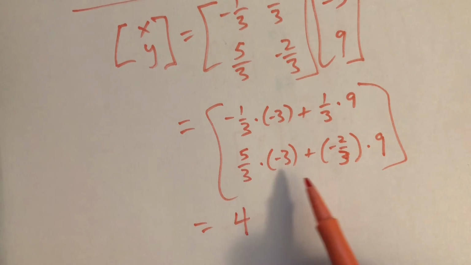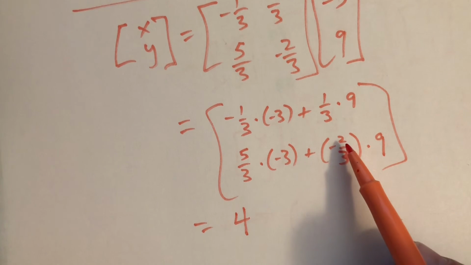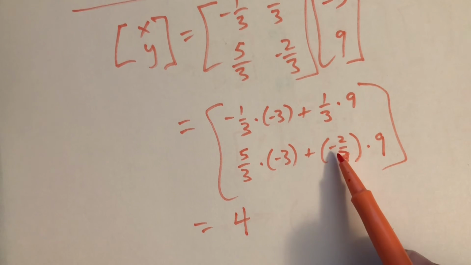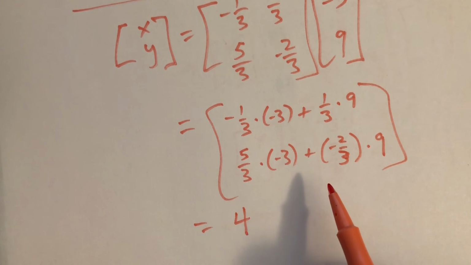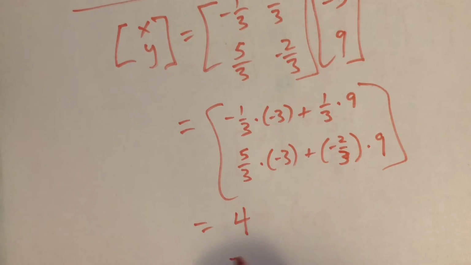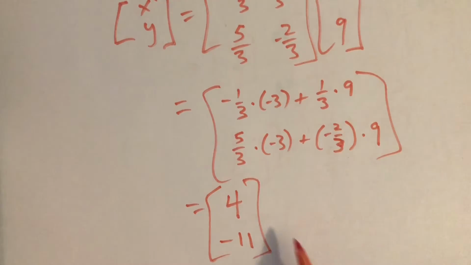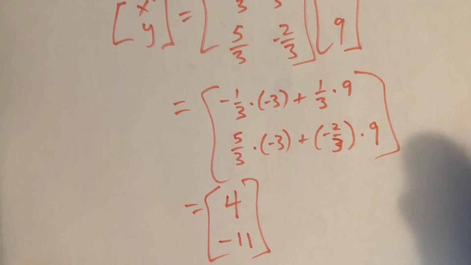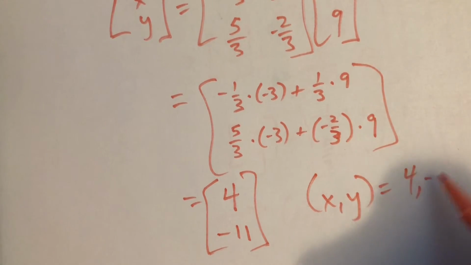So negative 5 plus, what is this? 9 divided by 3, that's 3 times 2 would be 6, so negative 6. So we've got negative 5 minus 6. Negative 5 minus 6 would be negative 11. I screwed something up there. Let's go and, you know, maybe we didn't. So let's take it. We're saying xy here would be 4, negative 11.